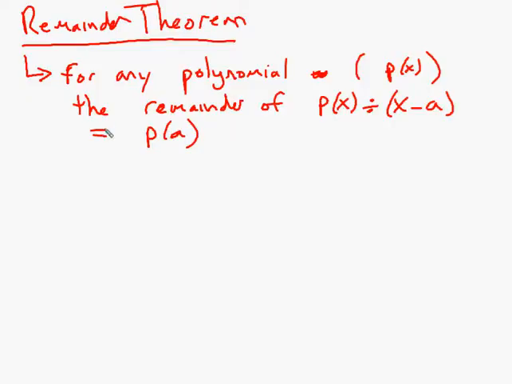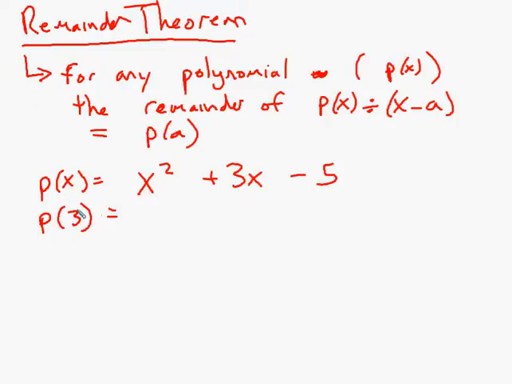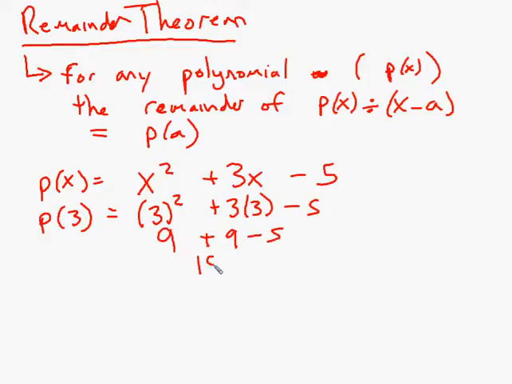So we are getting into division. But here's what this means. If I wanted to have p of x, my function, let's say that's x squared plus 3x minus 5, an easy one, and I wanted to find p of 3, one way to do that is to literally put in the 3 and evaluate and get an answer.